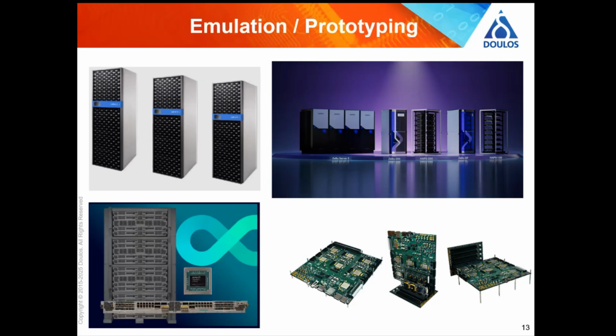So there's what's called emulation, which is specialist processors that run your simulations very quickly. And there's what's called prototyping, which is basically these things that you can see on the slide here, like giant FPGAs, or some of them are. Don't ask me which ones are emulation, which ones are prototyping, but a mixture of the kind of thing.